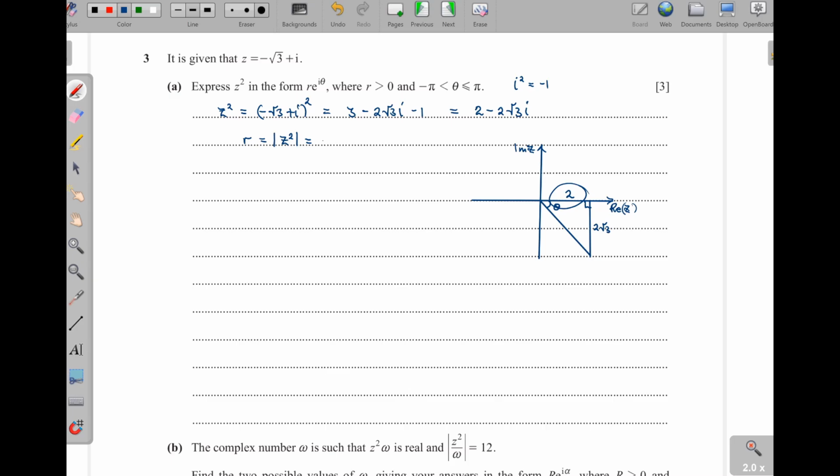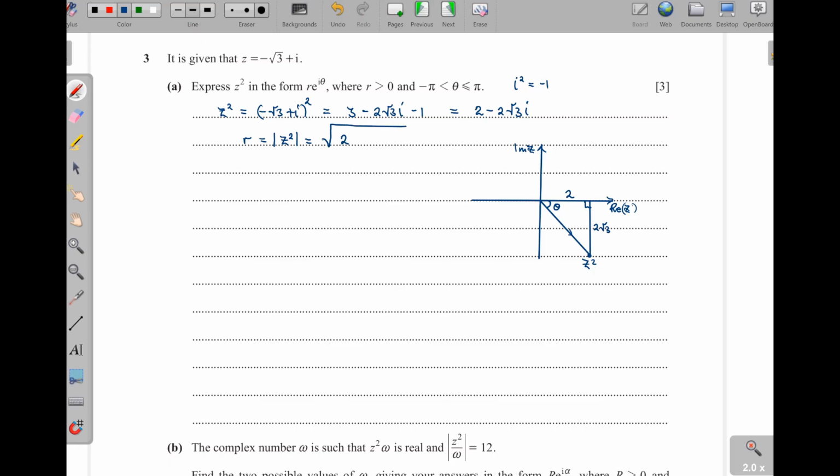So when you look at this and this, they form this right angle triangle. So this is our z squared coming like that. Now we are going to get the modulus of this, that is the length. Because this forms a right angle triangle, we can use the Pythagoras theorem. So we have a 2 here.